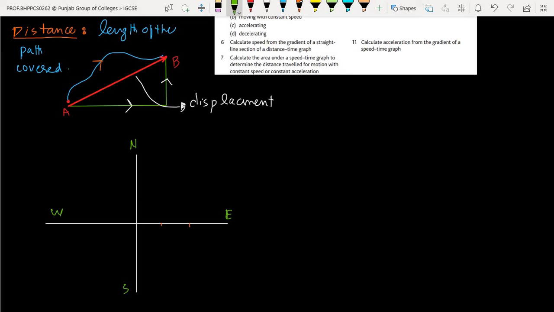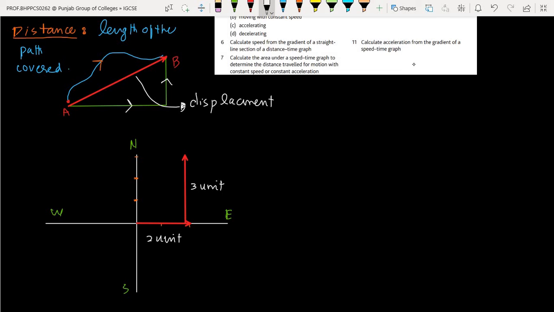So let's take an example of a moving body that is moving towards east, then north, and then towards west through some kilometers, as shown in the diagram. In this diagram, a body is first moving towards east, let's say 2 units, and 2 units might be 2 kilometers, and then it is moving 3 kilometers or 3 units towards north.